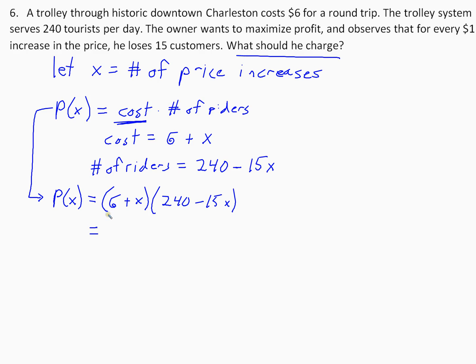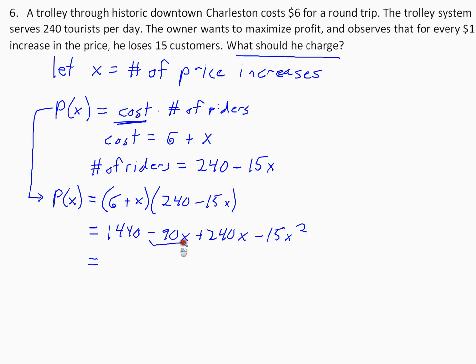So we're going to multiply this out. So we have 6 times 240, that's 1,440. 6 times negative 15 is negative 90x, plus 240x. And then the last one, x times negative 15, is negative 15x squared.